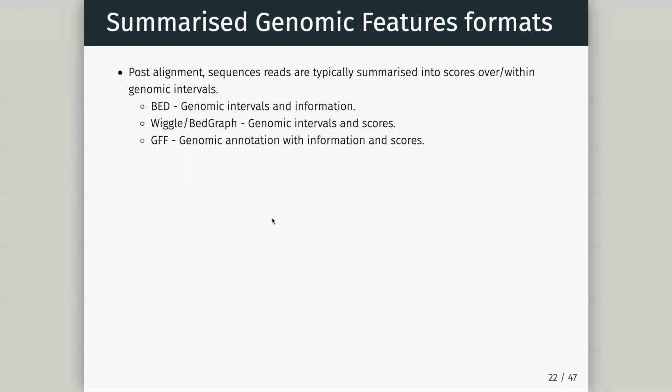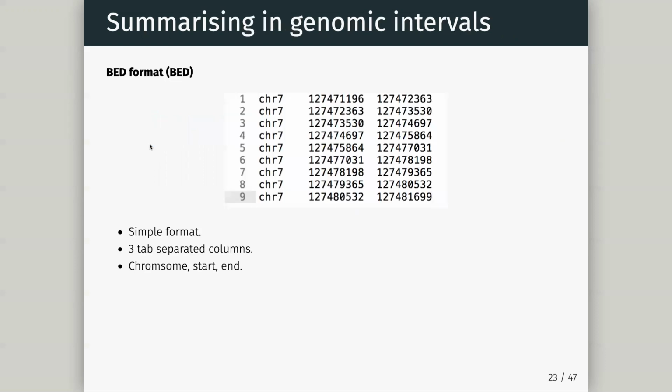It's going to tell me the start of the gene, the end of the gene, and then maybe give me a score. How many reads do I have at that position? That's the type of information we would store in these genomic summarized features. So bed, which is the simplest, wiggle and bedGraph, which is actually still very simple, and GFF, which is effectively a bed file, but allows you to arrange groups within your information.